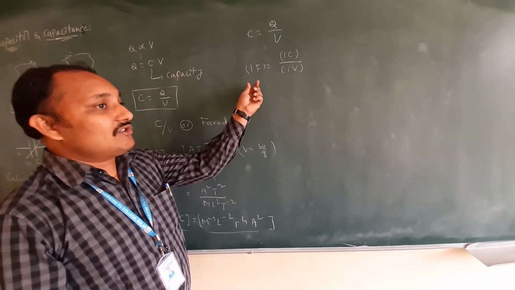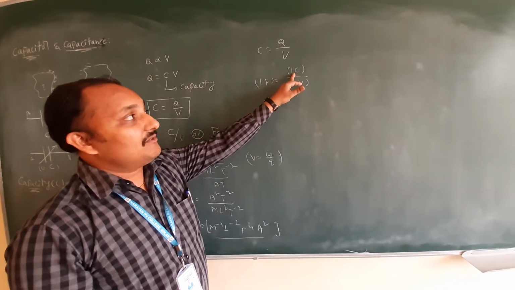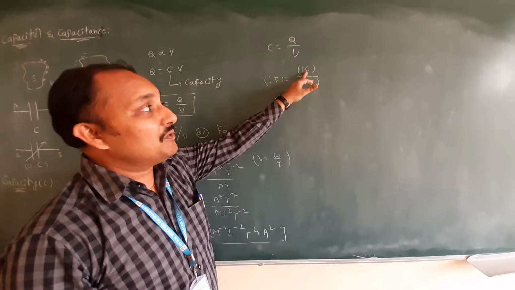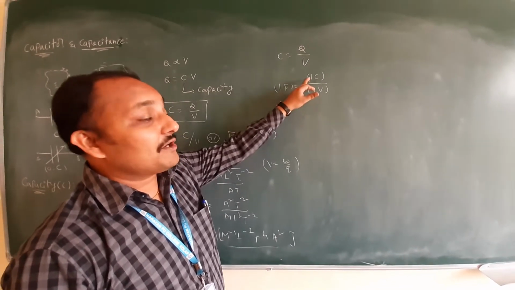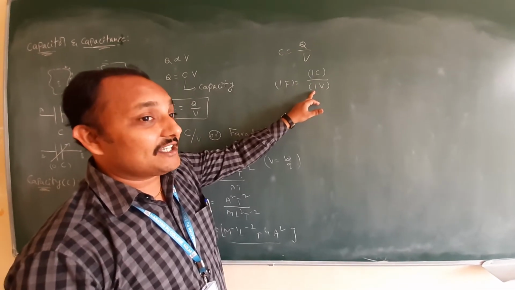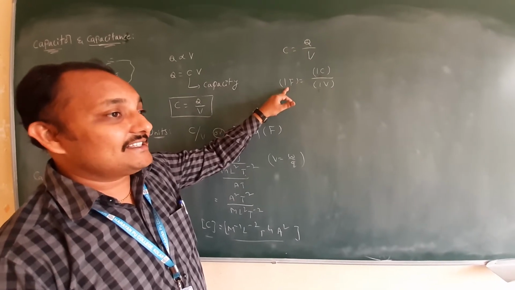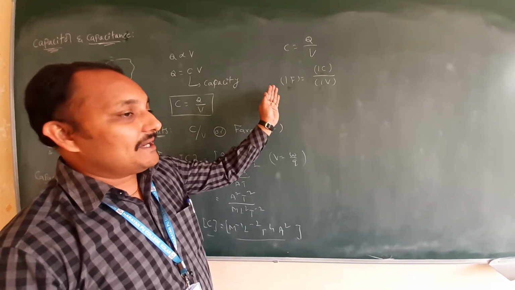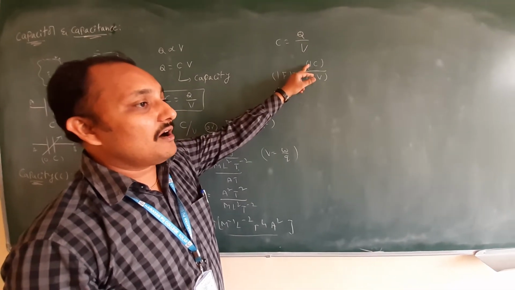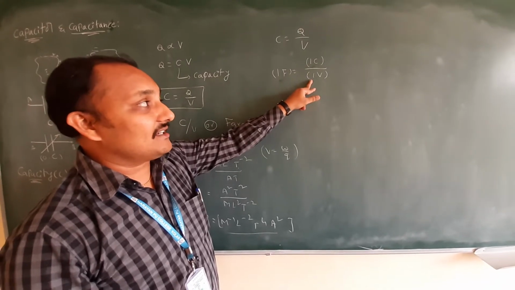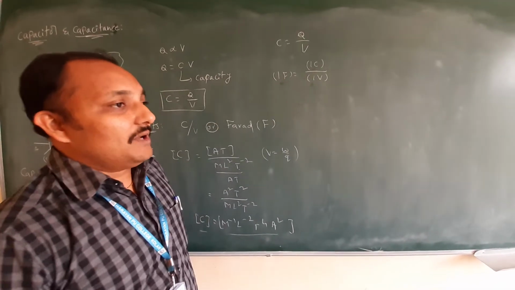Capacitance of a conductor is said to be 1 farad if 1 coulomb of charge raises its potential by 1 volt. Understood? This is nothing but 1 farad.